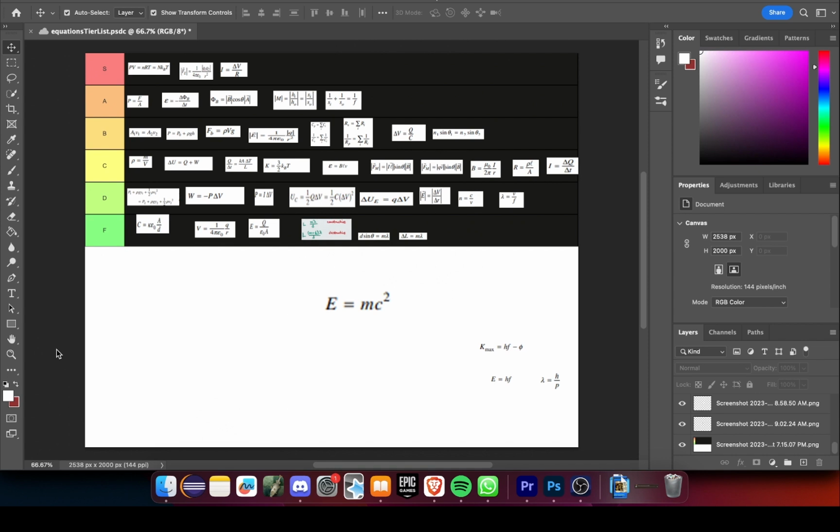Not phases as in states of matter, but just different decays. So like alpha decay, beta decay, any other decays as well.